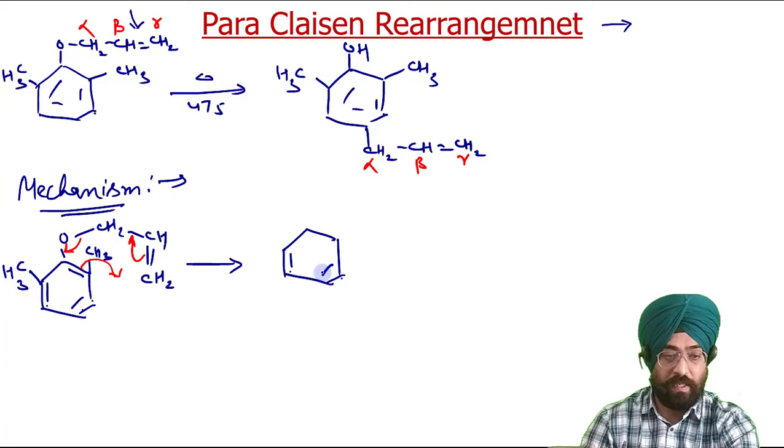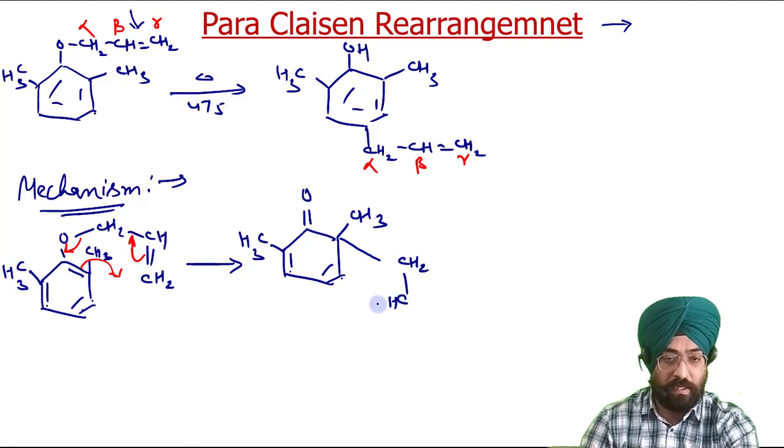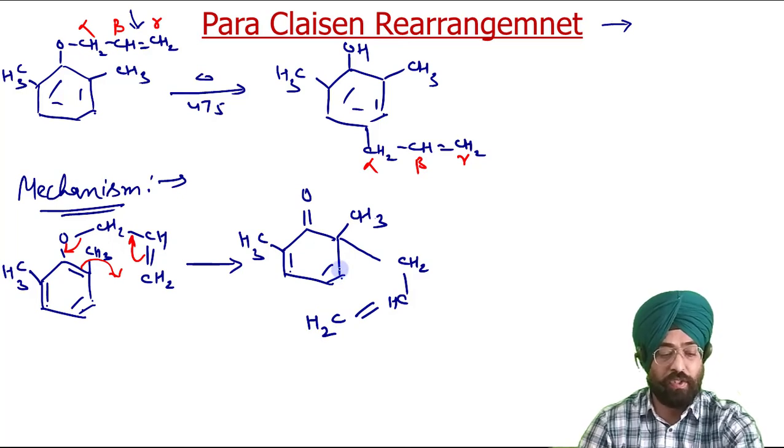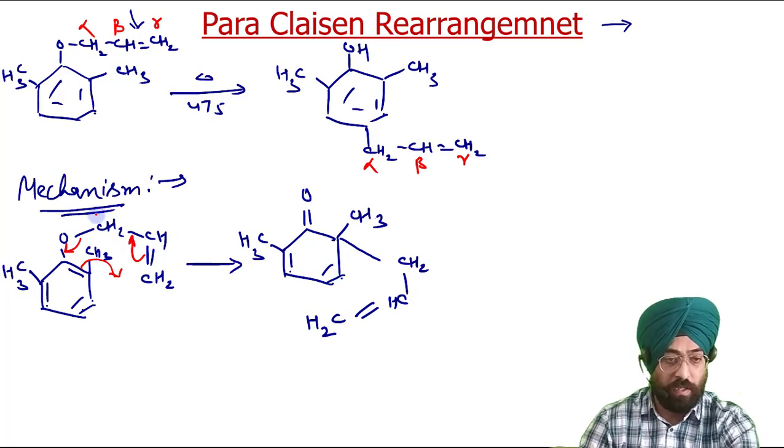This is as it is, this double bond O, this methyl and this methyl, and here this shifts here, now we get CH2 CH double bond CH2. Now let us see what the alpha, beta and gamma positions are. This was your alpha position, this is beta, and this is gamma. Now gamma has attached here, this is gamma, this is your beta, and this is alpha.